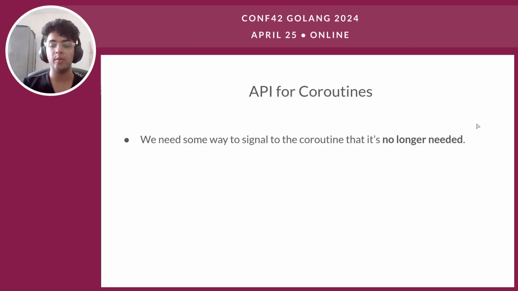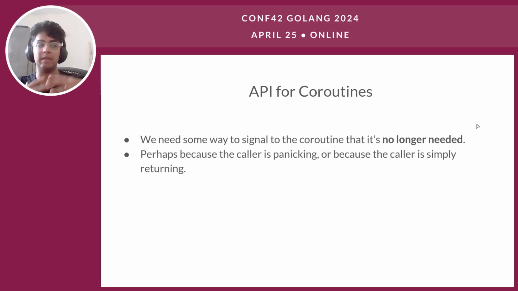Finally, we need some way to tell the coroutine or your callee that it's no longer needed. And that could happen because maybe your caller is panicking, or because the caller is simply returning, right? And it's the same thing, but in reverse. Your subroutine just needs to tell your callee, on the channel that it's waiting on, cin, that the parent of this particular function does not exist anymore, and you can stop working as well.